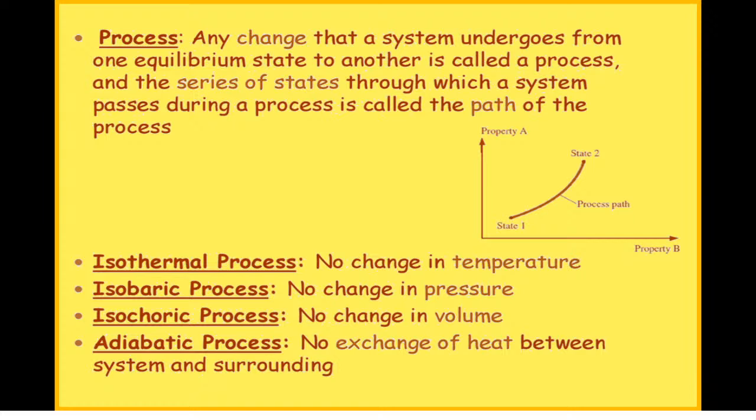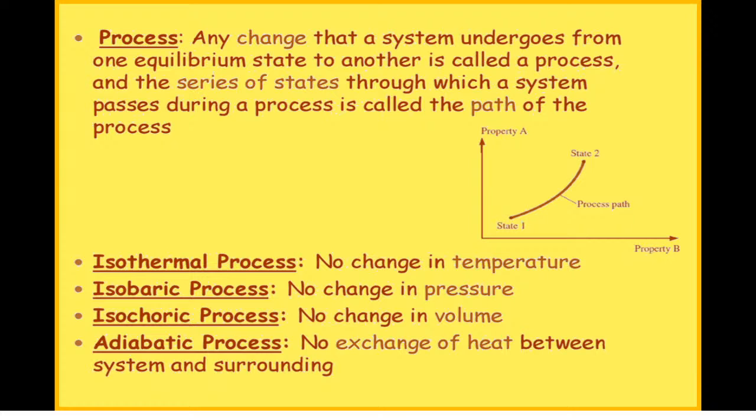It is shown for two parameters, A and B, for two properties. You can see that when these two are in progress, the state is changed. And this line links these two points, state number 1 and state number 2.